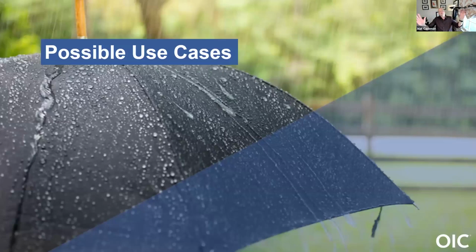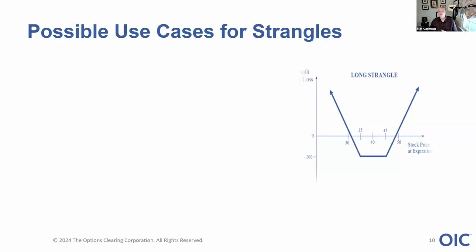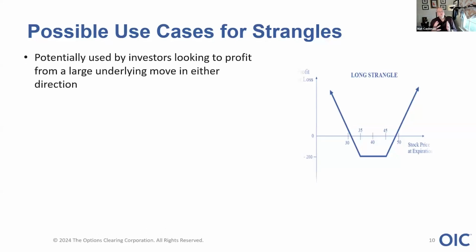Let's talk about possible use cases for strangles, because this is really where the rubber meets the proverbial road as far as these strategies are concerned. Many times people use these when you're looking to profit from a large underlying move in either direction. Why do we say in either direction?